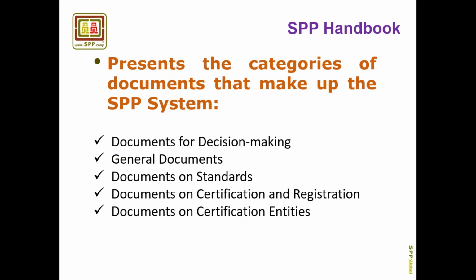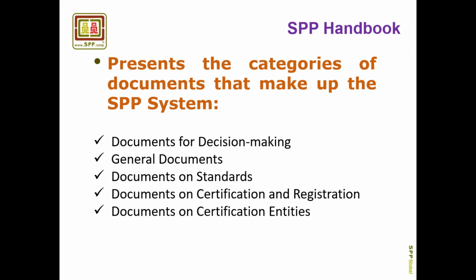And the SPP handbook is another document. It presents the categories of documents that make up the SPP system. Remember that yesterday we reviewed the SPP system. They are different tables of documents.